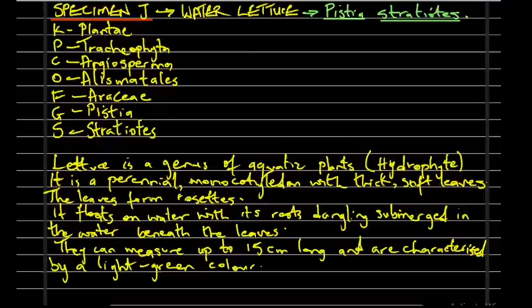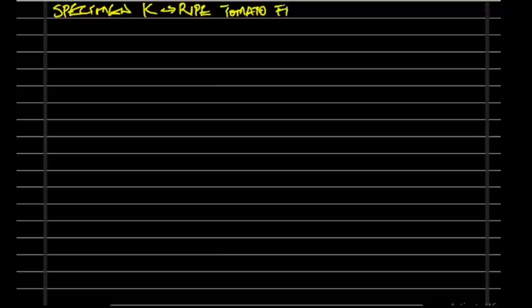So let us move to the next specimen, which is specimen K. Our specimen K is ripe tomato fruit. That is our specimen K, ripe tomato fruit.